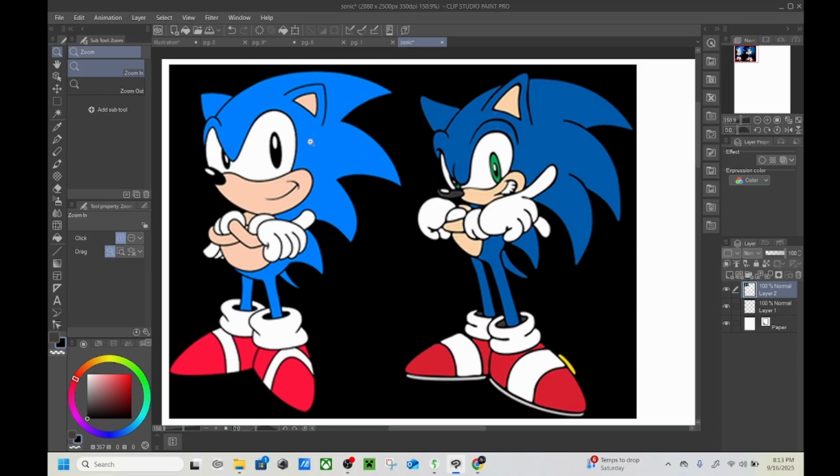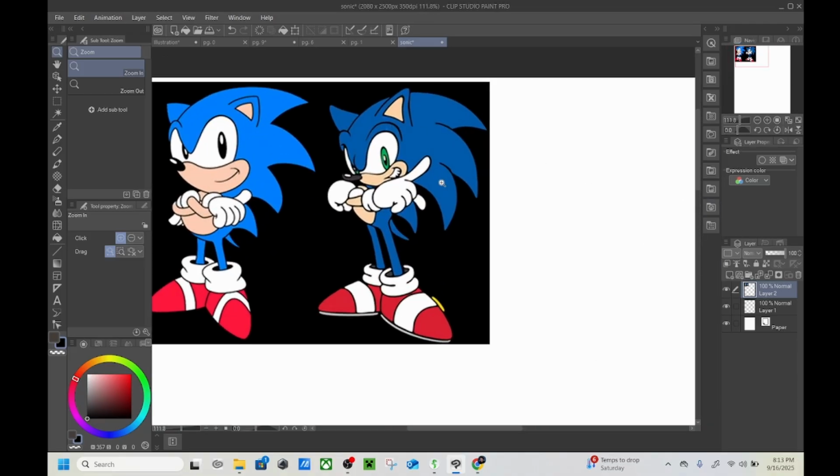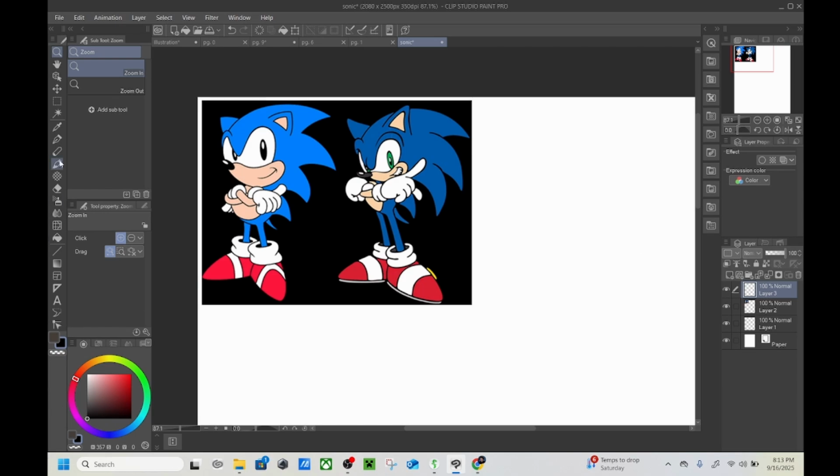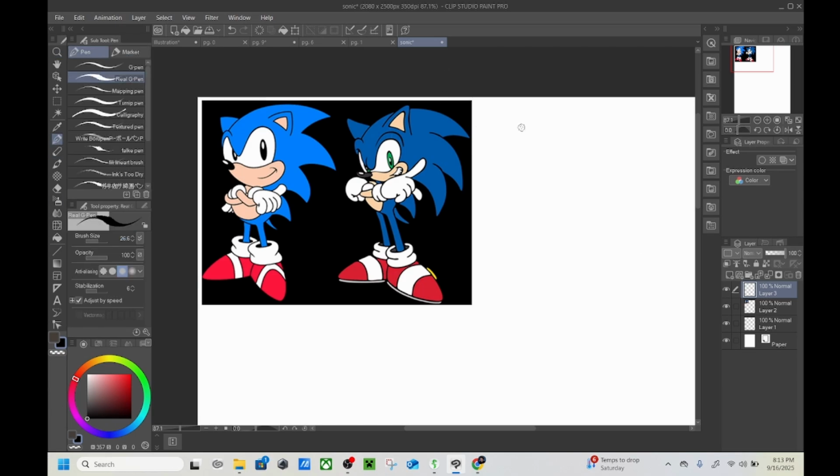Now, things to note about both of them is that they both have a similar head shape. Seems the younger Sonic, in proportion to the rest of his body, has a head shape larger proportionally to his torso and his feet than does the more teenage version of Sonic here.